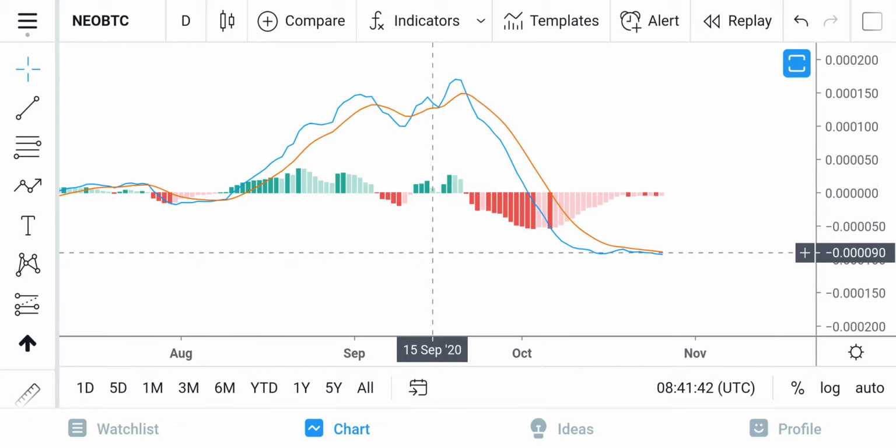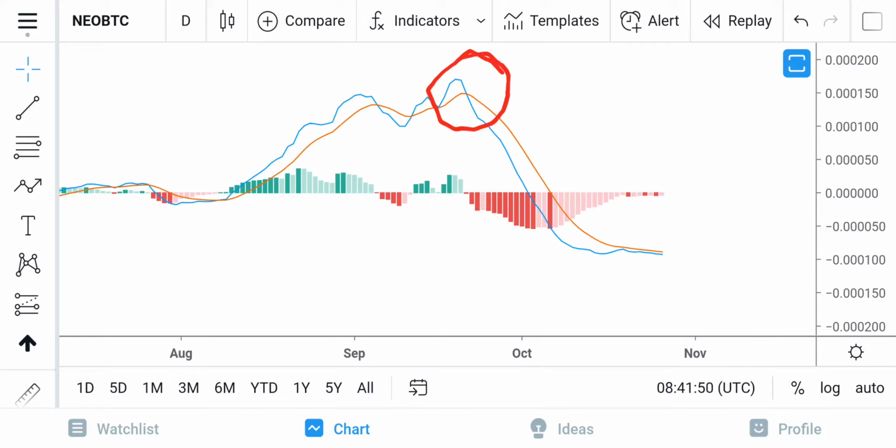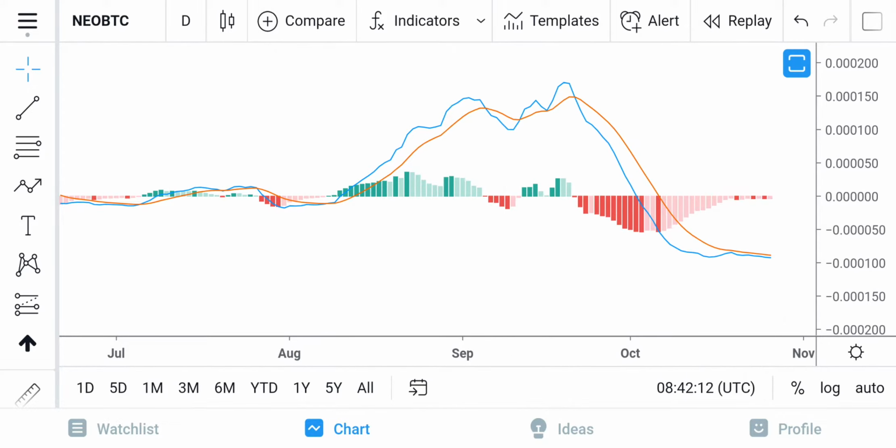So what you are going to be doing is trading the crossovers. When you notice the MACD line, that's the blue line, crossing below the signal line, that's the orange line, that's when you should start looking for selling opportunities, because price is going to start going down once the MACD line crosses below the signal line.